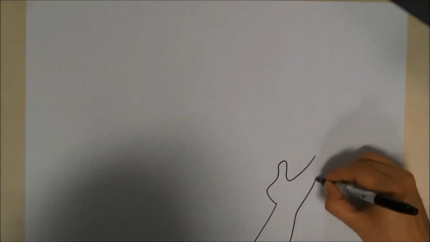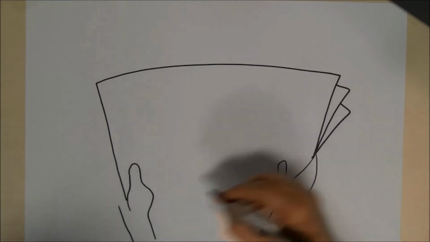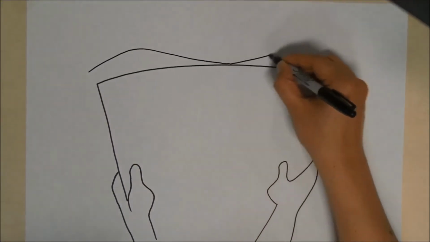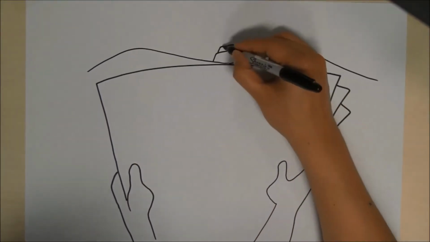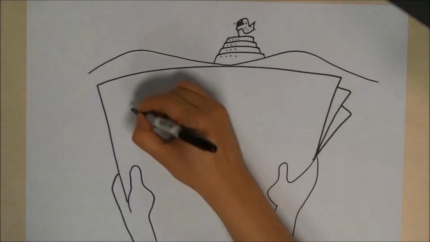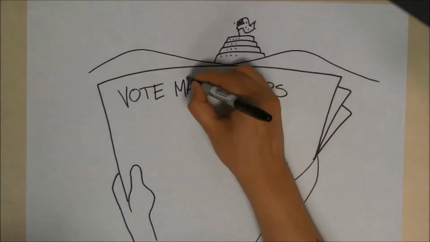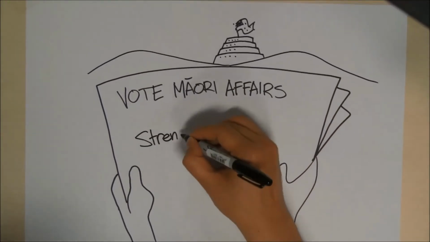Let's walk you through the New Zealand Māori tourism example. Any funding allocated through Vote Māori Affairs is looking to strengthen social, cultural and economic outcomes for Māori. The ultimate vision is iwi, hapū and whānau Māori succeeding as Māori, both at home and globally.